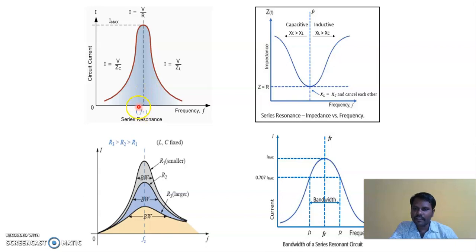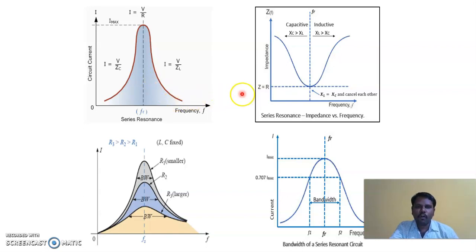However, if you apply a frequency less than the resonance frequency, then the current is given by I is equal to V over Z, and it acts as a capacitive circuit. For a frequency greater than this resonant frequency, it acts as an inductive circuit. And the shape of this curve is like a bell shape.